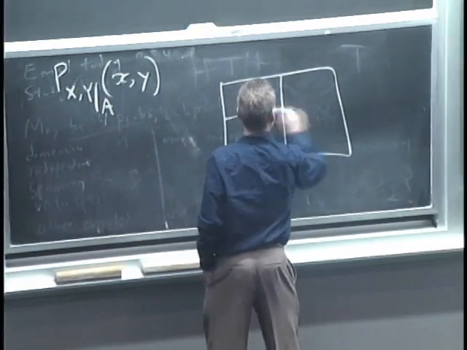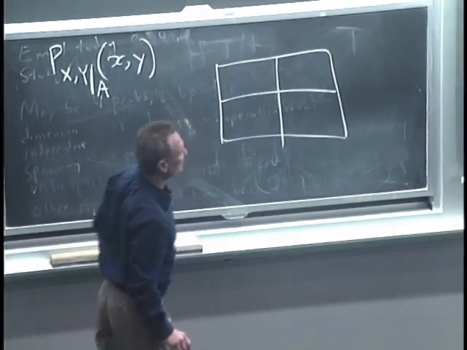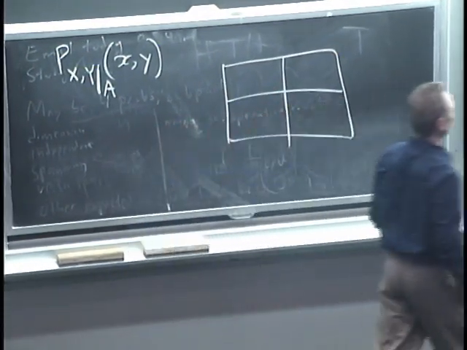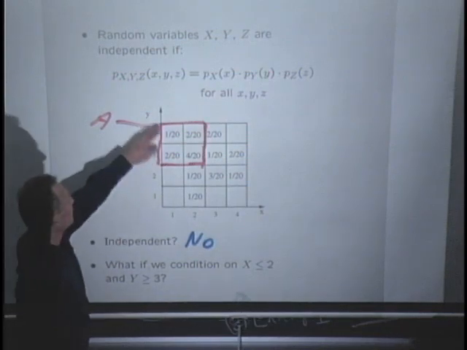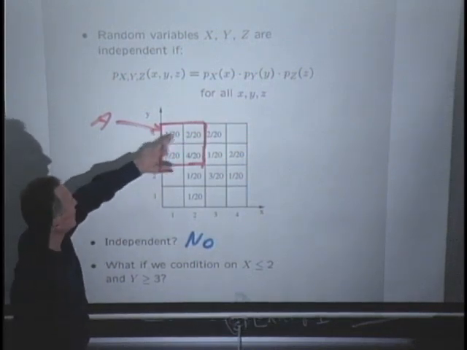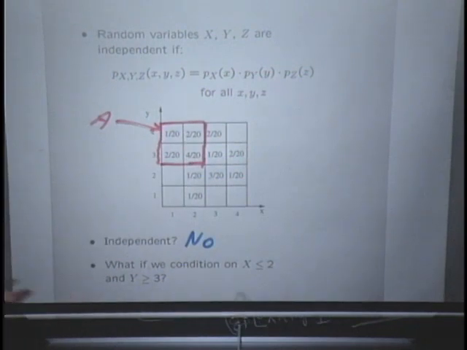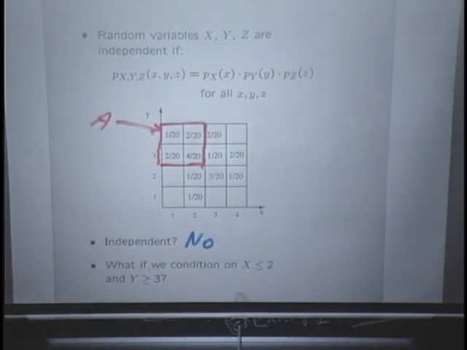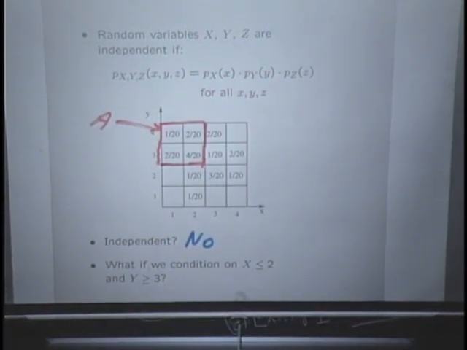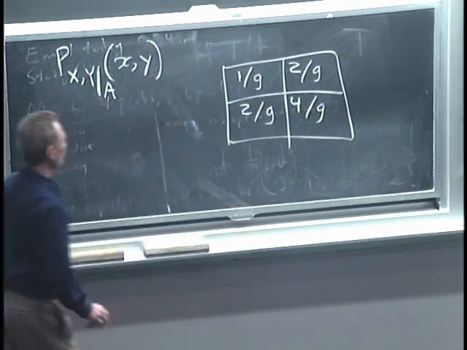So it's a 2 by 2 table since we only have 2 possible values. What are they going to be? Well, these probabilities show up in the ratios 1, 2, 2, and 4. Those ratios have to stay the same. The probabilities need to add up to 1. So what should the denominators be? Since these numbers add up to 9, these are the conditional probabilities. So this is the conditional PMF in this example.